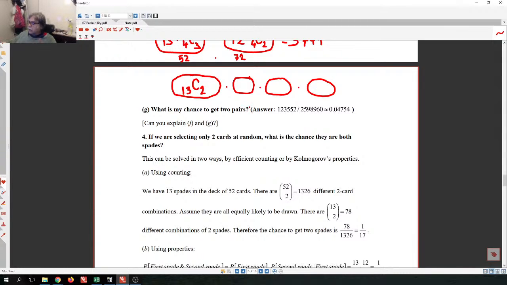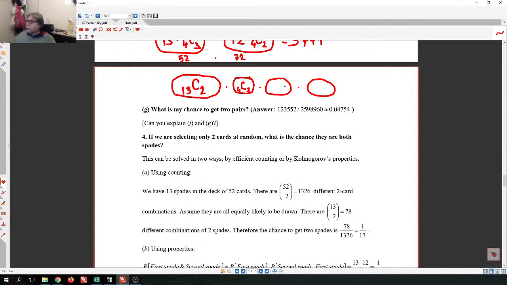Okay? Now once you select that, you still need to find out in how many ways you can get the pairs. If you have queens for the first pair, how many ways can you get the two queens out of the set of four, because you have four queens. That is gonna be combinations when the four queens chooses two.